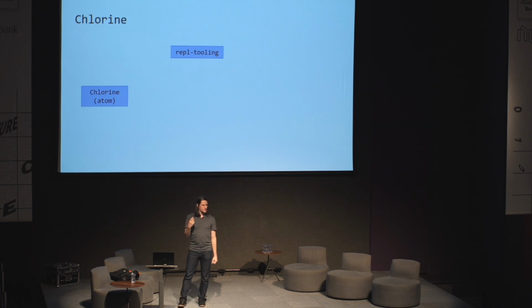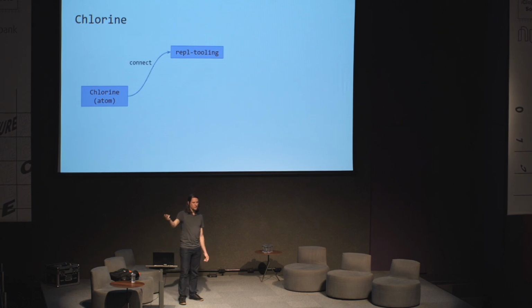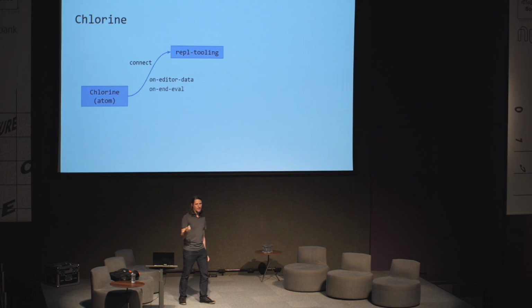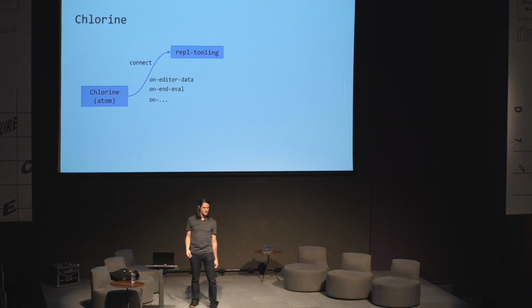Chlorine is just a tool for Atom. It relies on another tool that I wrote called REPL Tooling. The way it works is that the Atom plugin will run a command in the REPL Tooling library, asking to connect to a socket REPL. So far, so good. But it will also register some callbacks, in this case on editor data, on end eval, and so on, and multiple other callbacks.